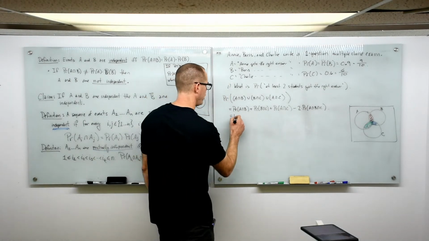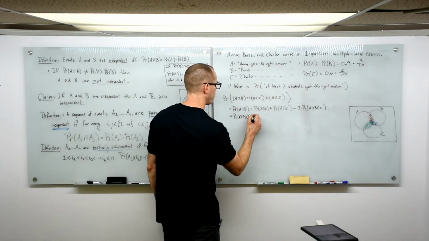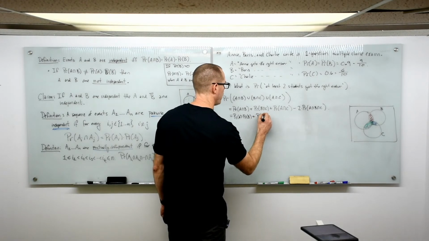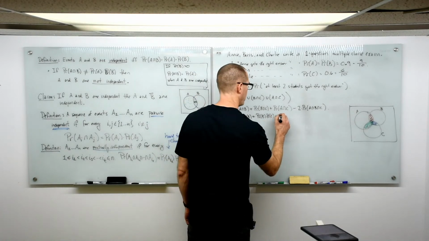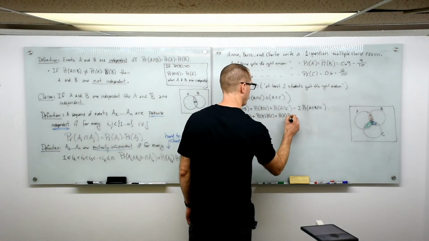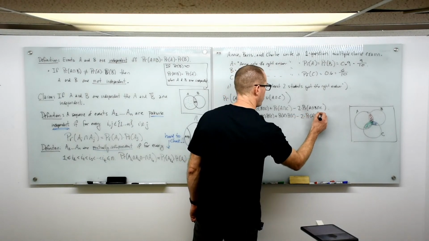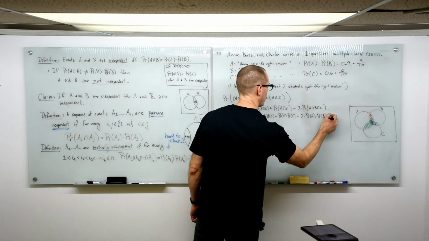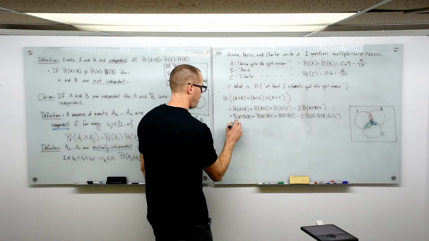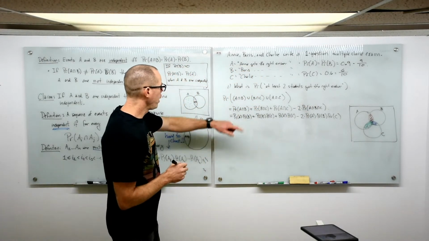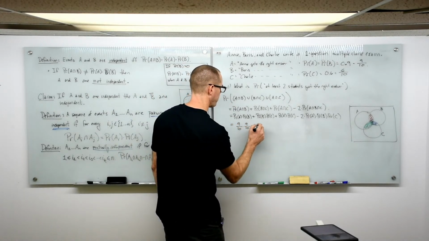So by definition of independence, this one here is probability of A times probability of B. This is probability of B times probability of C. This one is probability of A times probability of C, minus 2 times probability of A times probability of B times probability of C. And that is equal to: A and B is 9 out of 10 times 9 out of 10.